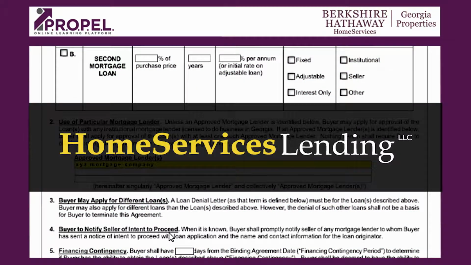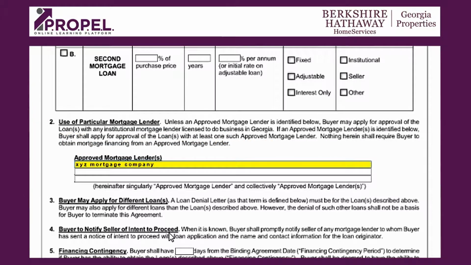Remember that our HSL lending partners have their second opinion program, and they are able to provide a second opinion based on what somebody's getting from their previous lending company. So even though you have XYZ Mortgage Company here, you may be able to use HSL if you use their second opinion, and that's a better deal for your buyers. Then that is awesome. Keep that in mind.